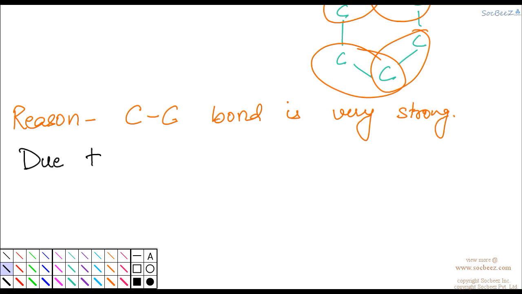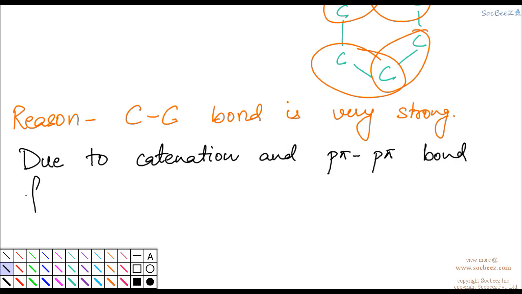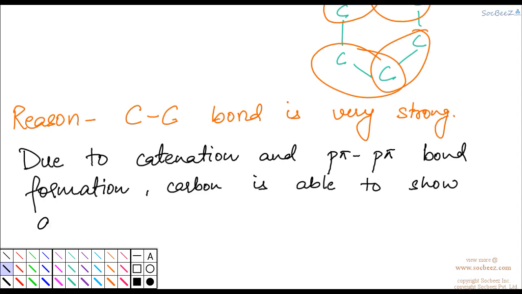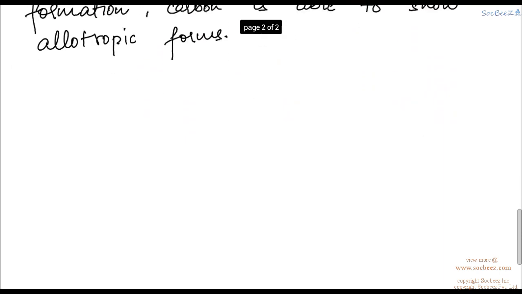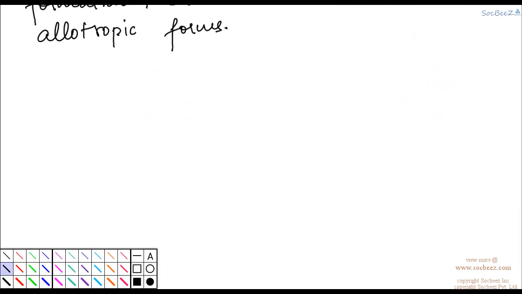So due to catenation and p-pi bond formation, carbon has a tendency to show allotropic forms. Now we would see some very natural, common, well-known allotropes of carbon.